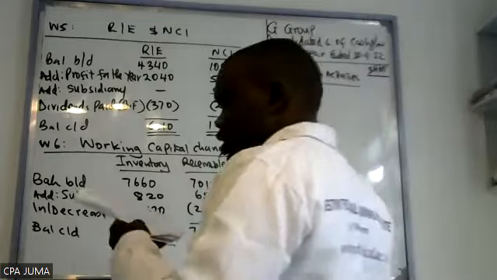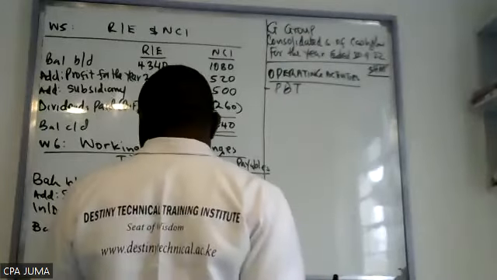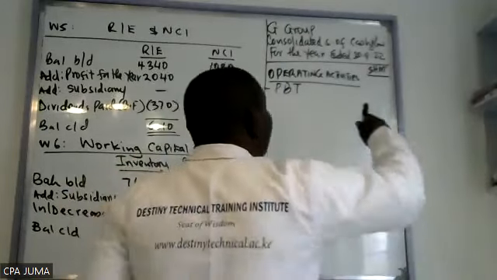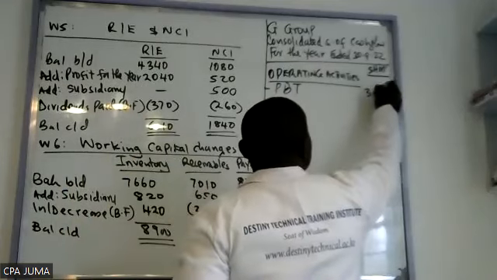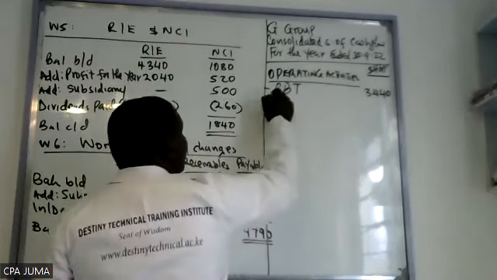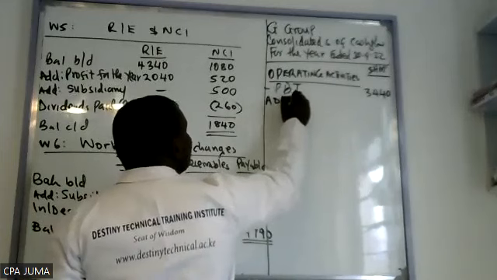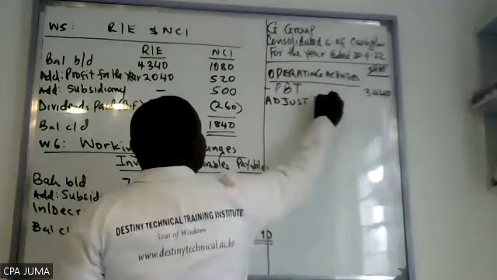People are saying 3440 is correct. Then you say adjust for.